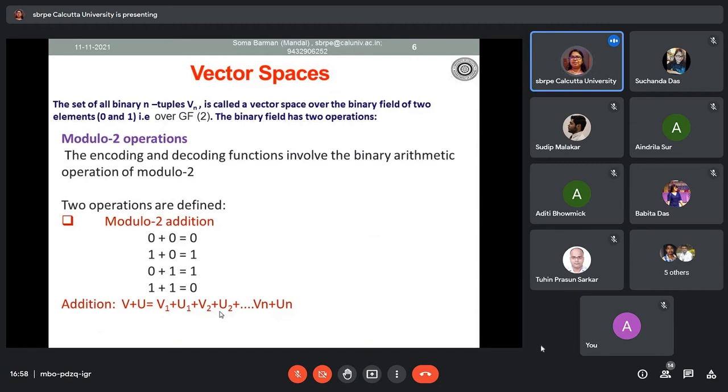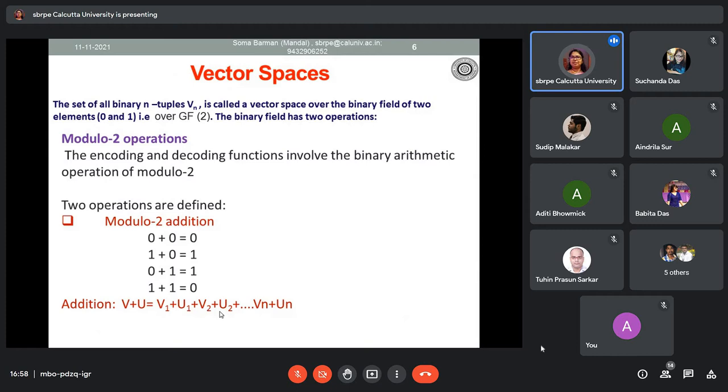We are considering only the 0 and 1 elements because it is linear algebra and we are considering Galois-Field operation, Galois-Field number 2. 2 means two elements, 0 and 1. The binary field has two operations, modulo two operations. What are the two operations? One is addition, another is multiplication.